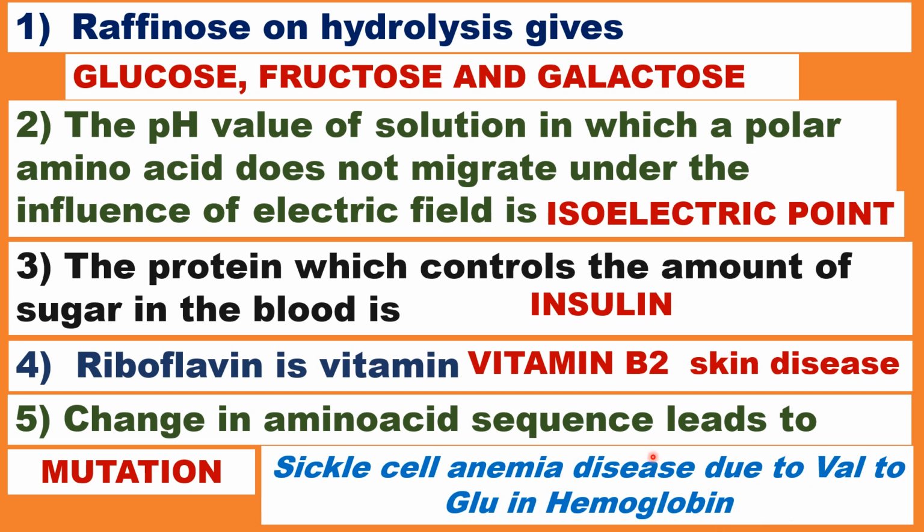Due to this, it cannot transport oxygen. The hemoglobin will be sticky and causes sickle cell anemia. This is basically due to mutation. Mutation is the change in amino acid sequence.